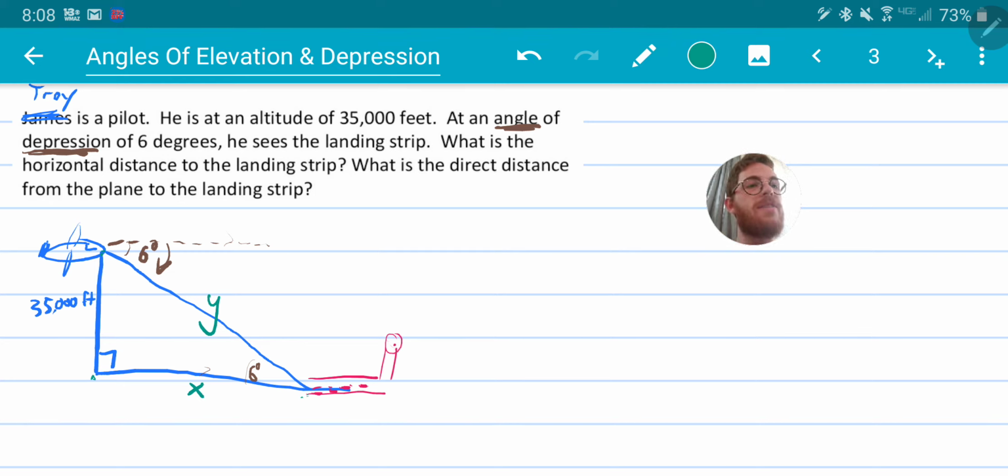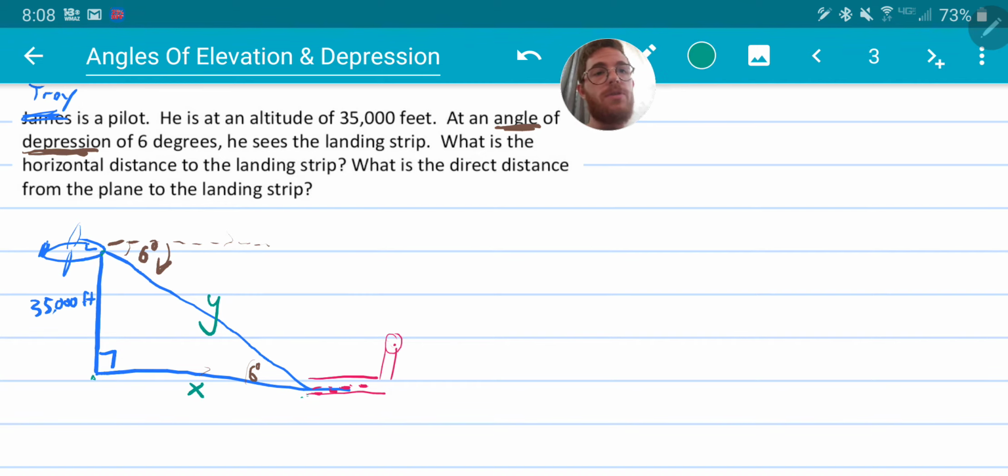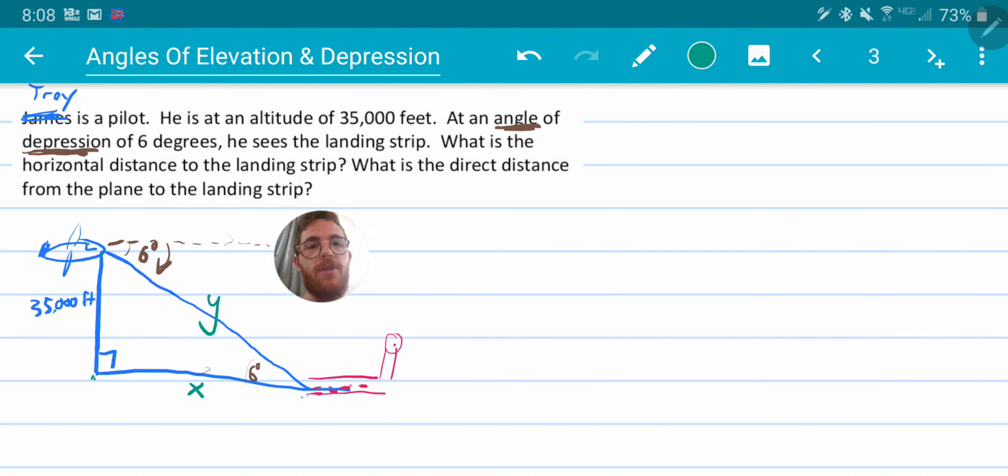So now we can set these up with our trig. If we want to find X, our horizontal distance, well, we have our angle. We have our opposite side. We want to find our adjacent side. That's going to be tangent.